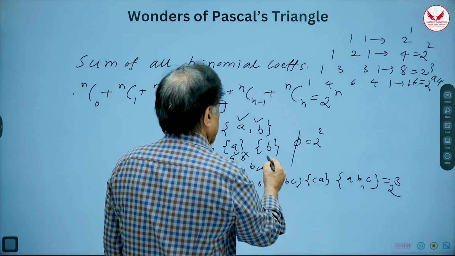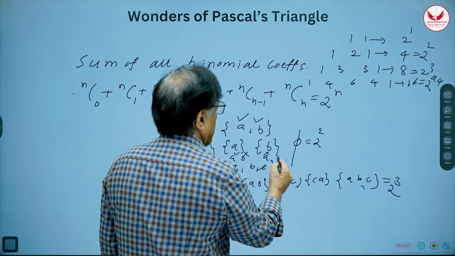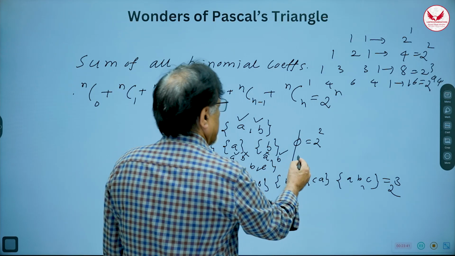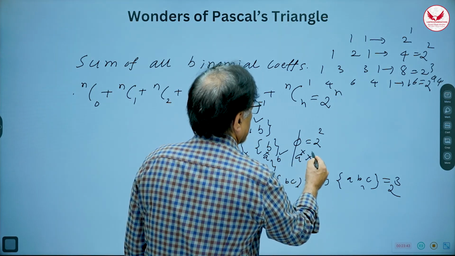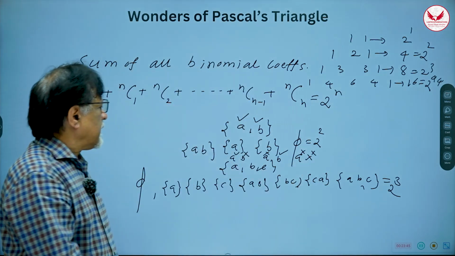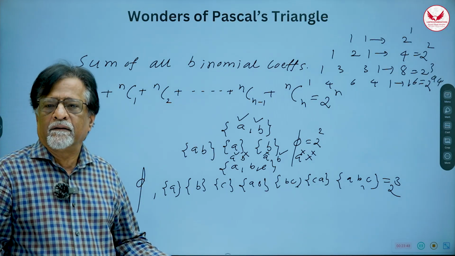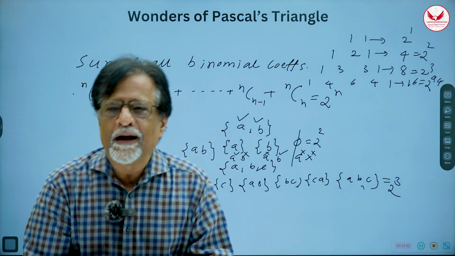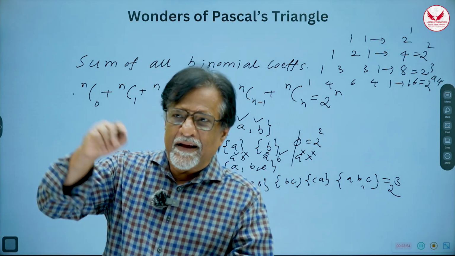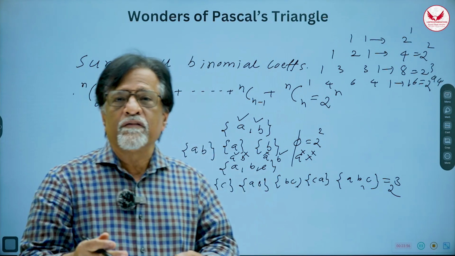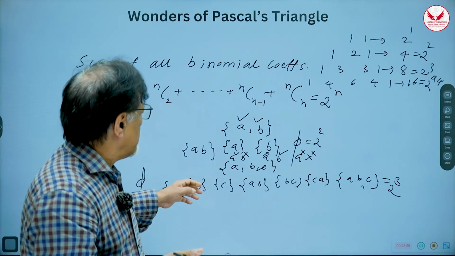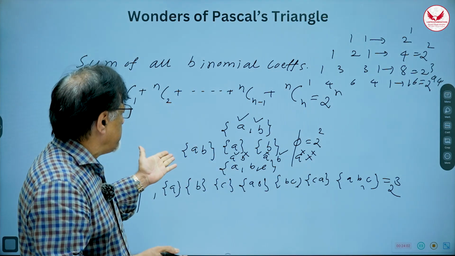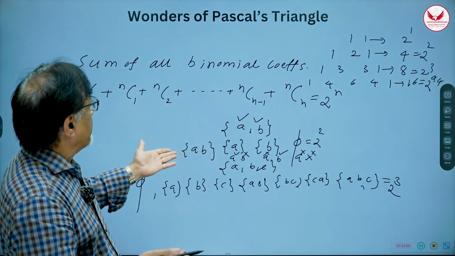Then here A gets a cross but B a tick mark. And here I am putting a cross on both. So there are only 2 ways: either I put a cross or I put a tick mark, yes or no. So there are 2 ways of making each selection, and therefore it always becomes 2 raised to n.